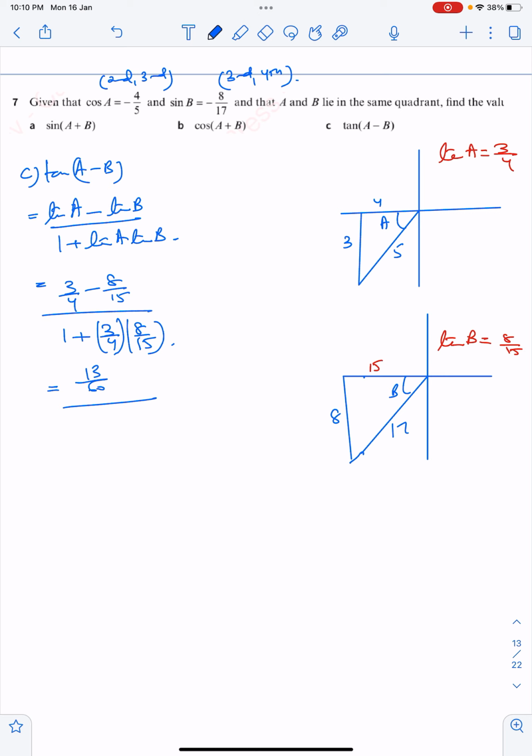In the denominator, if I solve this part, I am getting 7 upon 5. Dividing the two, I am getting 13 upon 84. This is the answer to the last part of the question, tan of a minus b. Likewise, we can do the rest of the two parts also.